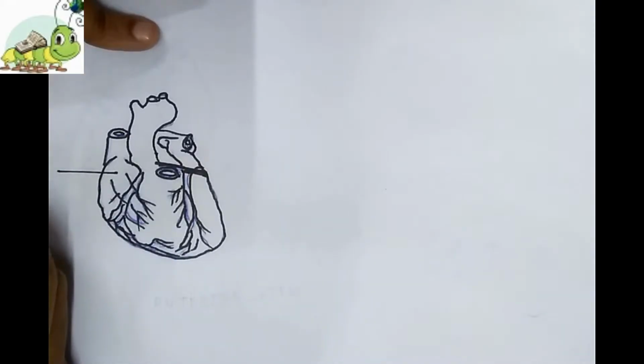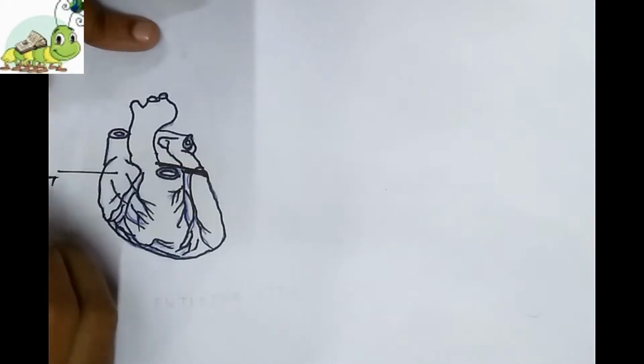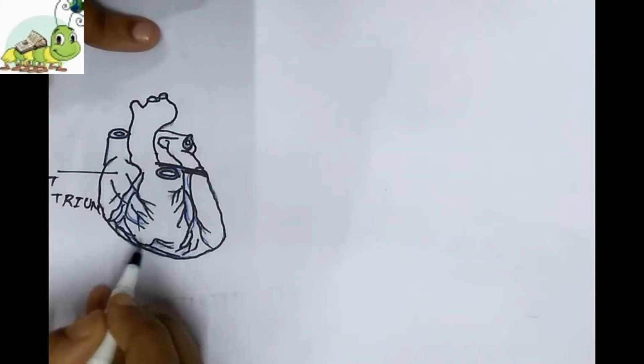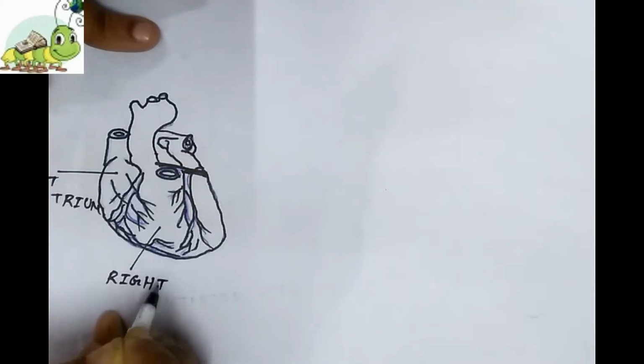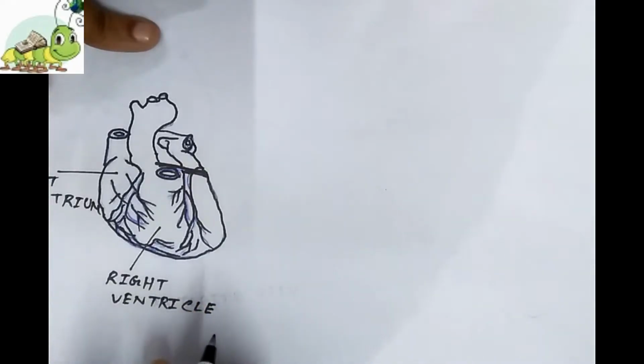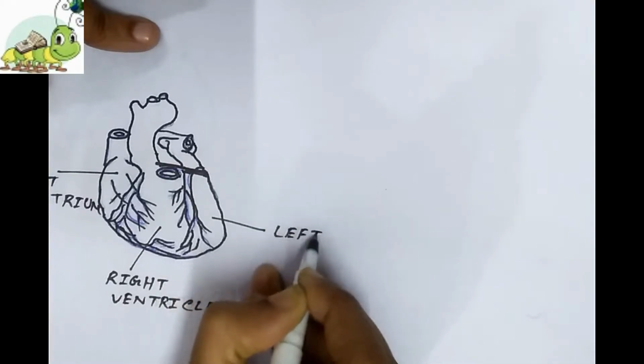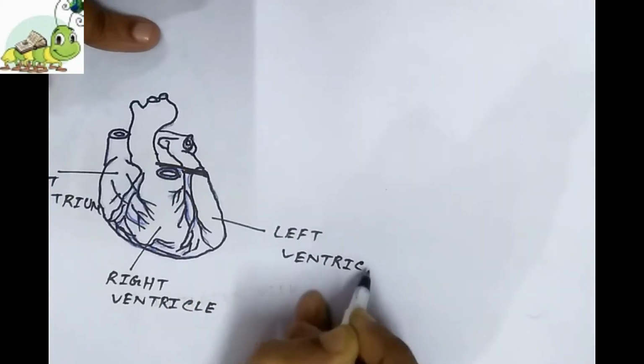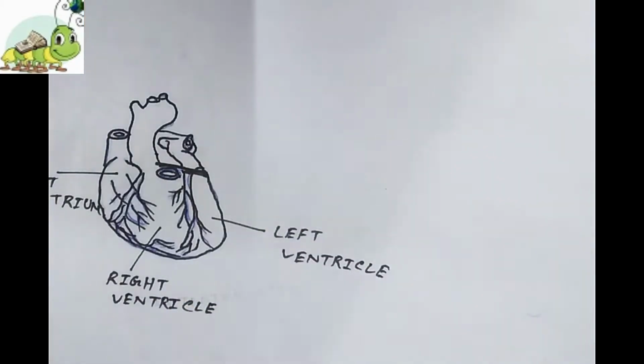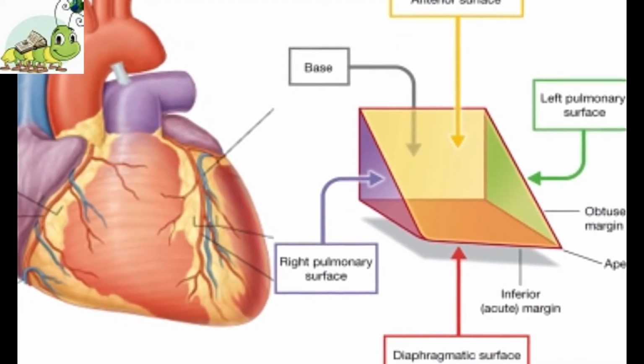Number 1, the sternocostal or anterior surface, is formed by the right ventricle, right atrium, and left ventricle. The left atrium lies more posteriorly and forms only a small strip on the sternocostal surface.